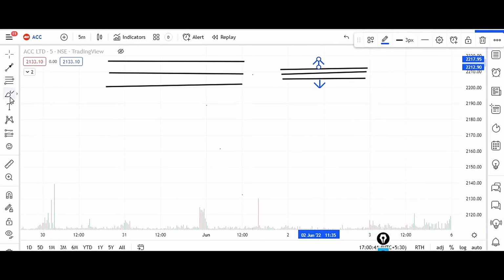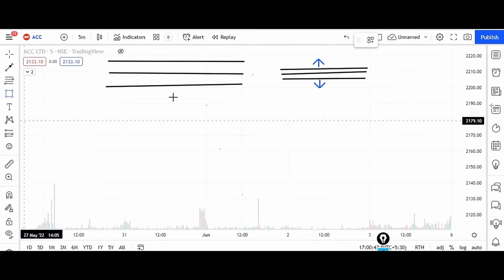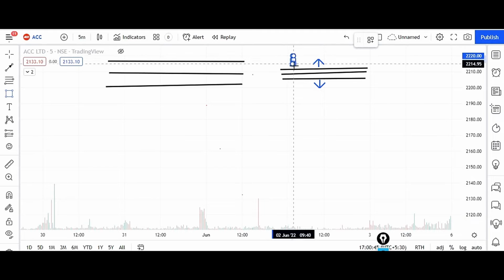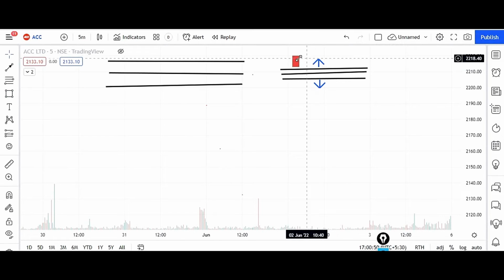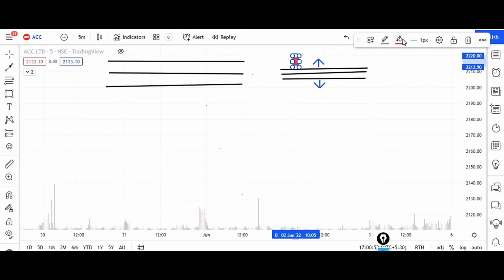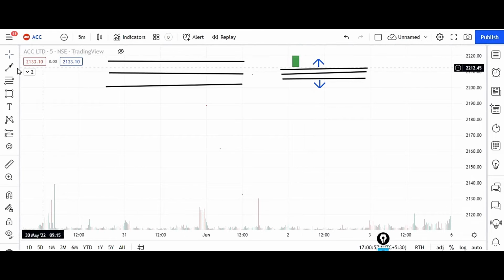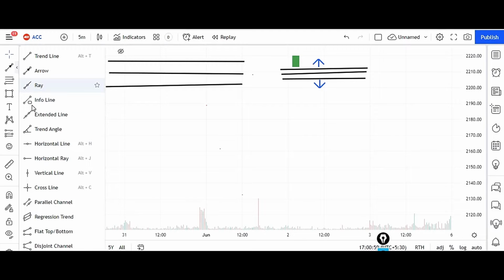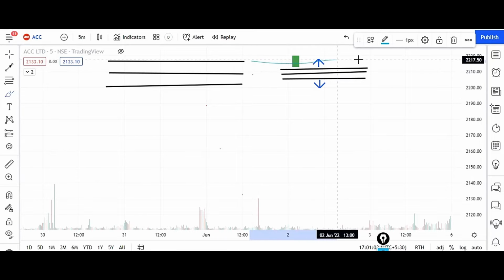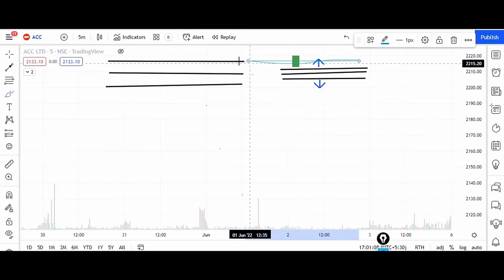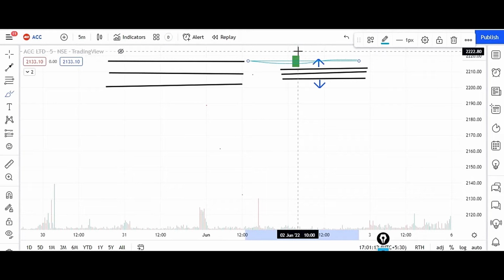Suppose if a 5 minute candle closes above, if this is a 5 minute candle and it has broken the top central pivot of the previous day CPR like this, then only we take entry.